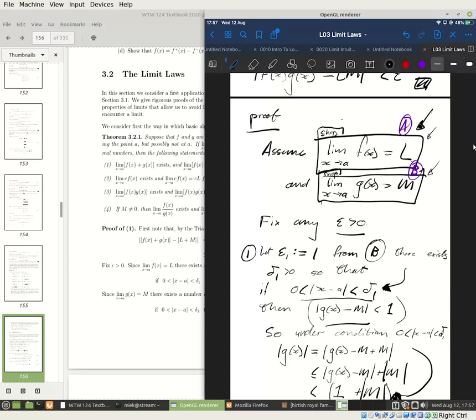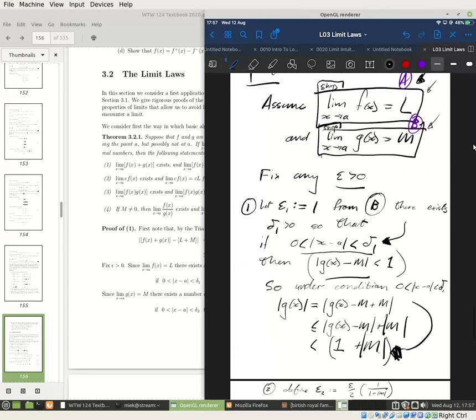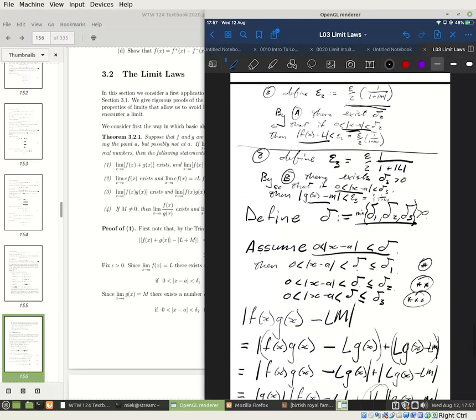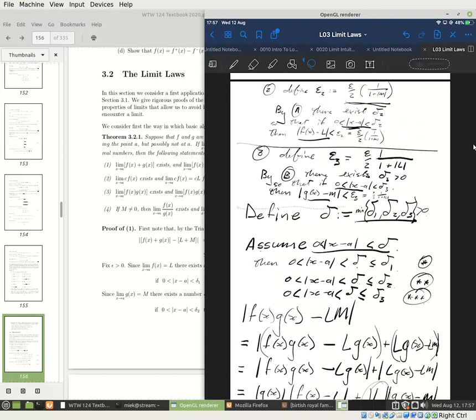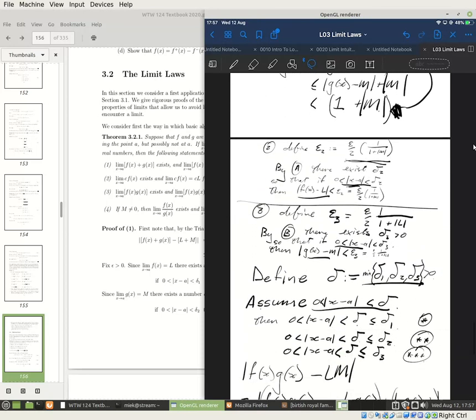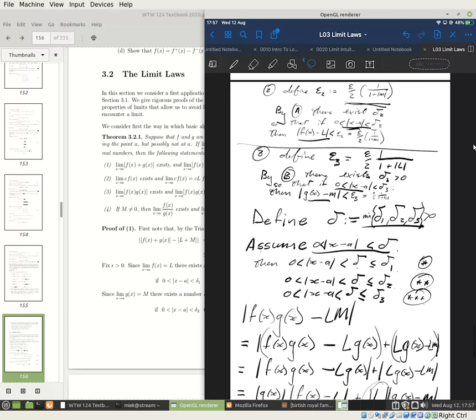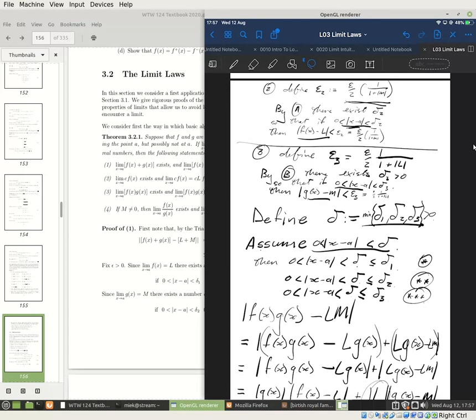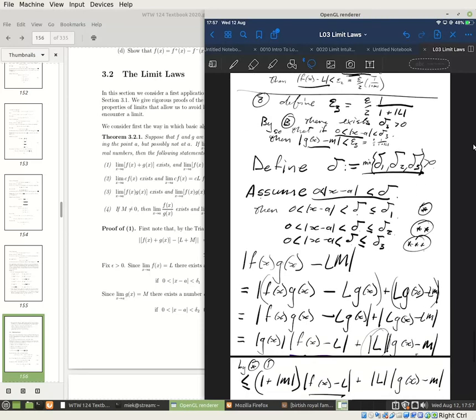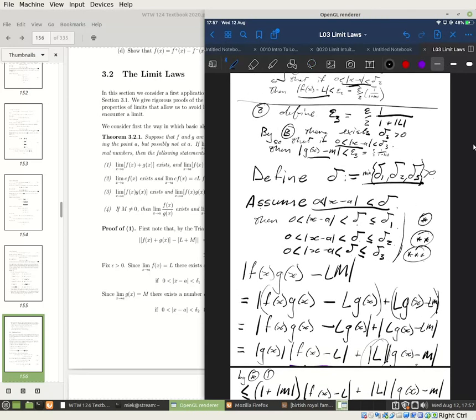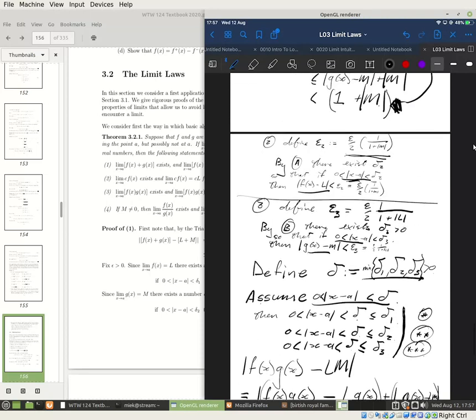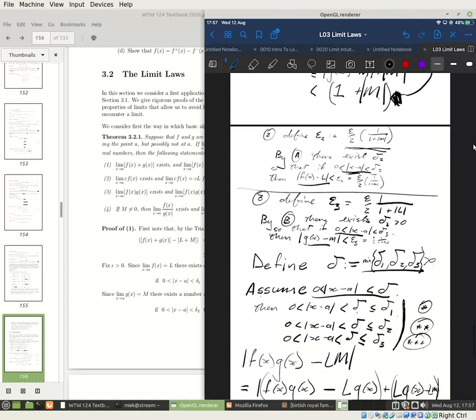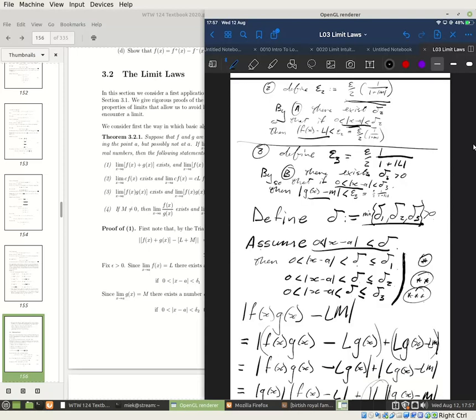Then we use our assumptions to construct our delta, and we use it 3 times to construct our delta, like so. We assume that 0 is less than absolute value of x minus a less than delta. This gives us automatically, from our use of our assumptions, that these conditions that we use to construct our delta are automatically satisfied.